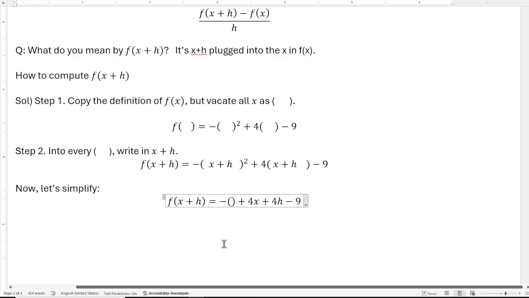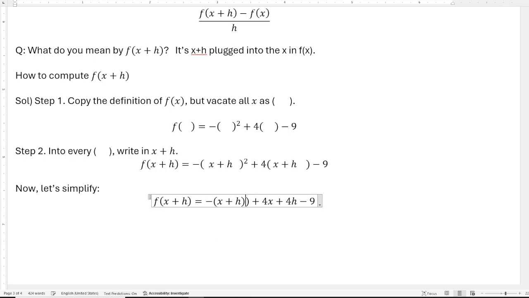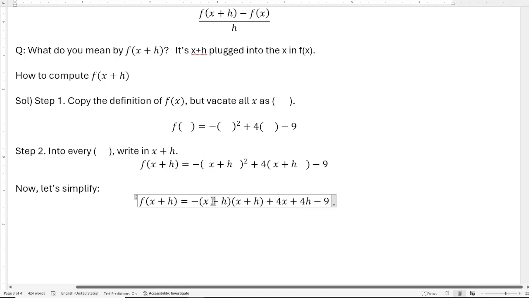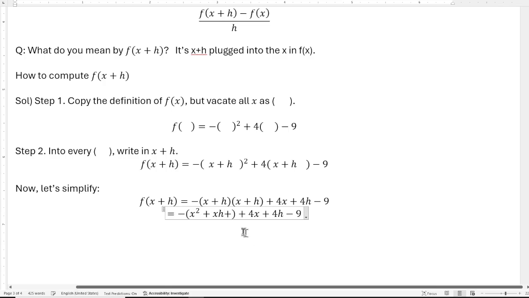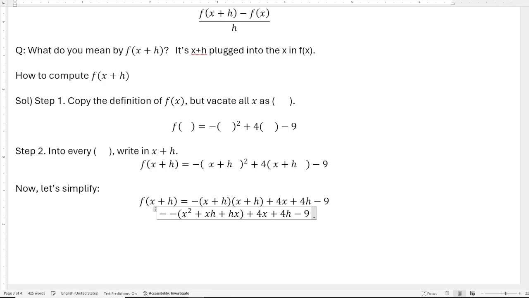Let's say you forgot or you're not sure. Then in that case, you'll have to do the long and arduous task of multiplying this out by FOIL. So x times x is going to be equal to x squared. So let's see, it's going to be x squared, and then x times h plus h times x plus h squared.